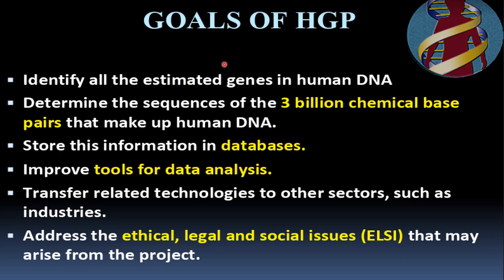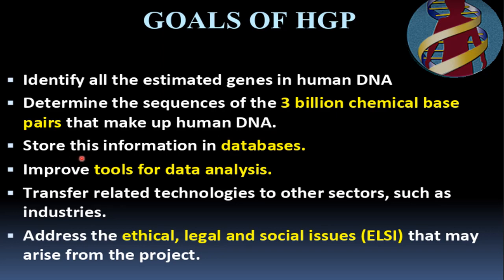So the first goal was to identify all those genes. Second, to determine the sequence of 3 billion chemical base pairs that make up the human DNA. As I told you, that is the number of base pairs in the human genome. So the second aim was to determine the sequence of all those base pairs.